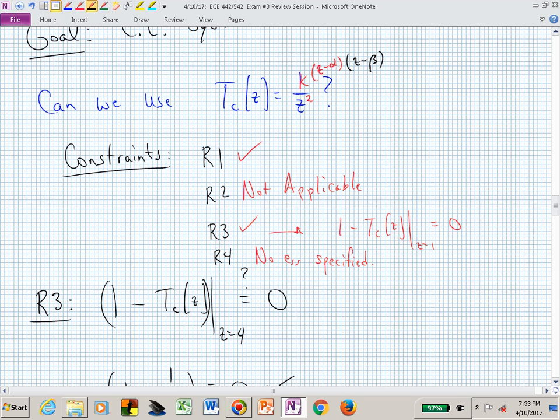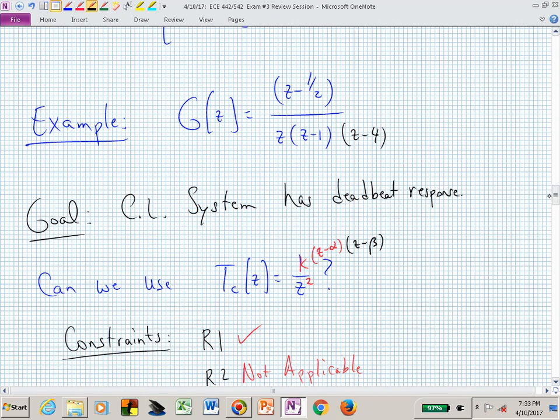We would also have another one where we would have to say 1 minus t sub c of z at z equal 1 needs to be 0, if we had both pole factors z minus 1 and a pole factor z minus 4. And that would give us our alpha and beta, potentially.